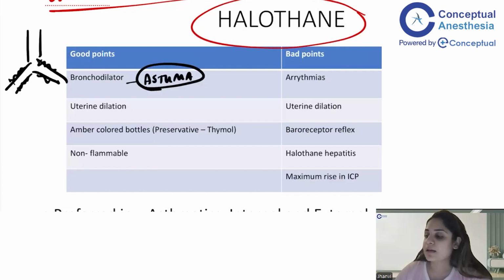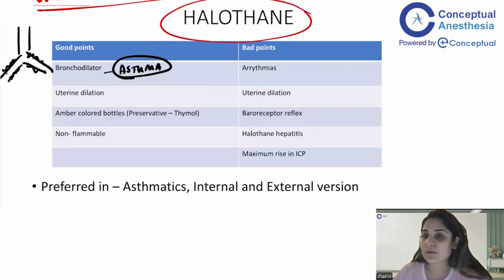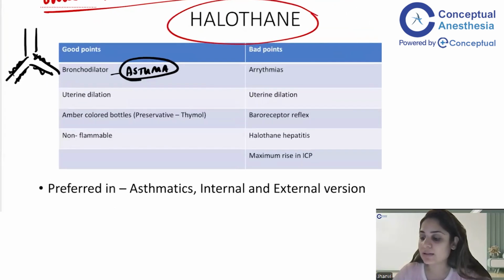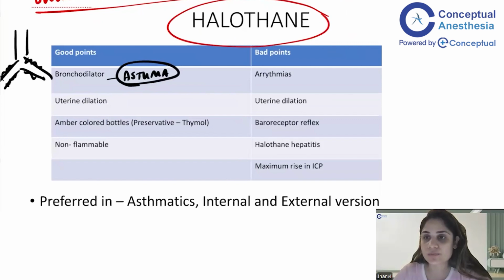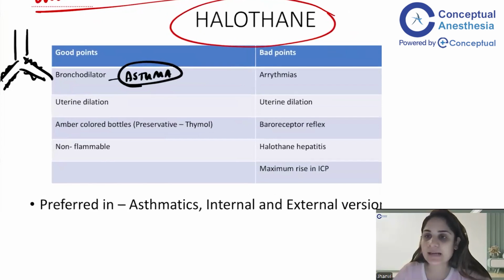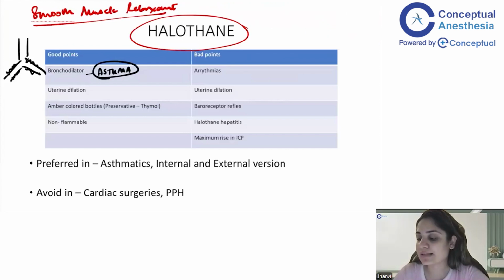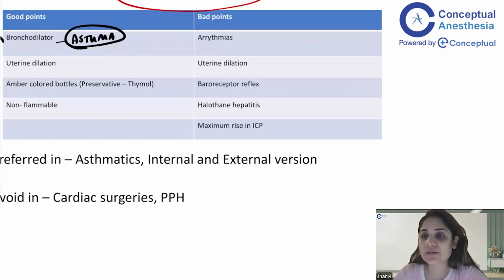Now, just like halothane dilates the bronchi, it also dilates the uterus. Why? Because, as I told you before, it is a smooth muscle relaxant. This point is important in patients who are undergoing postpartum hemorrhage.